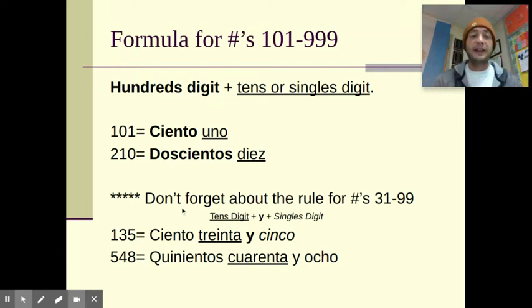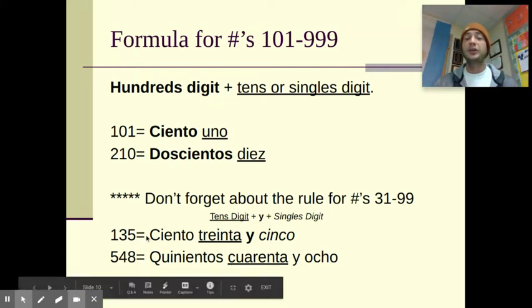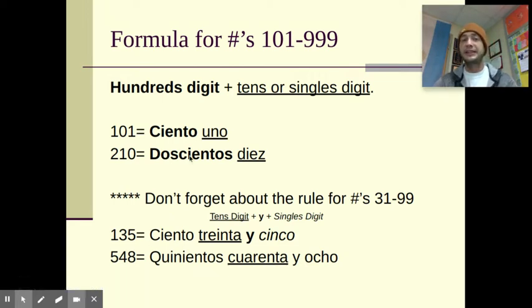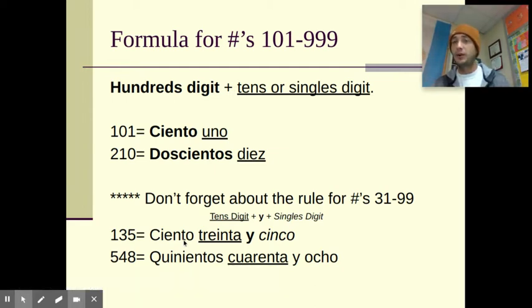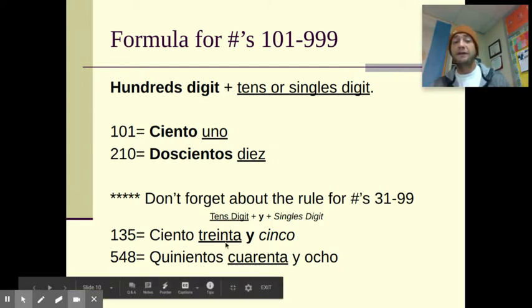So for example, if you have a number like 135, you need to do this rule where it's 100, where it's the hundreds digits, and then you put in your tens or singles. So with this, you're going to also need to remember the rules 31 through 99. So we do ciento first. That's our 100. Now we're going to focus on that number 35, which is going to be 30 y cinco.